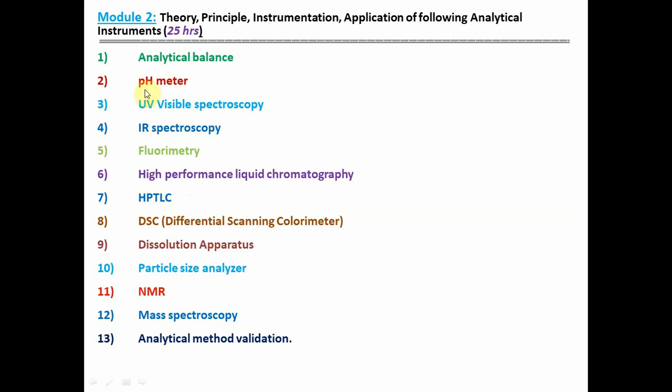All these are the analytical instruments. We have to study the theory, its principle, then its instrumentation, and the applications of all the instruments.